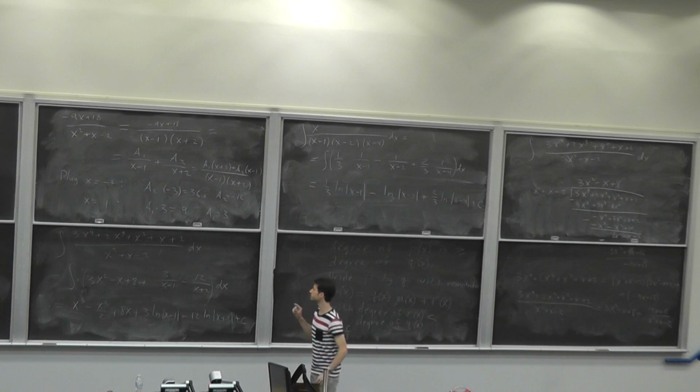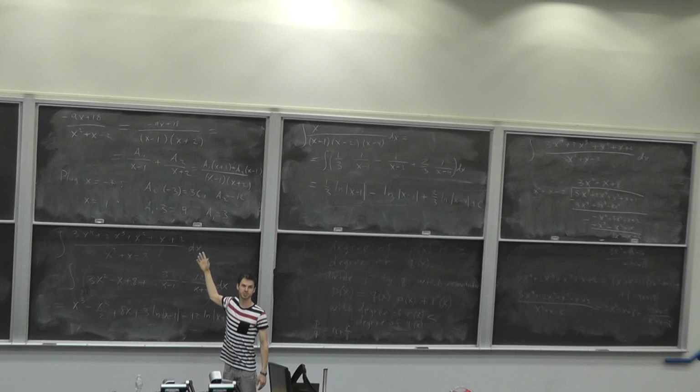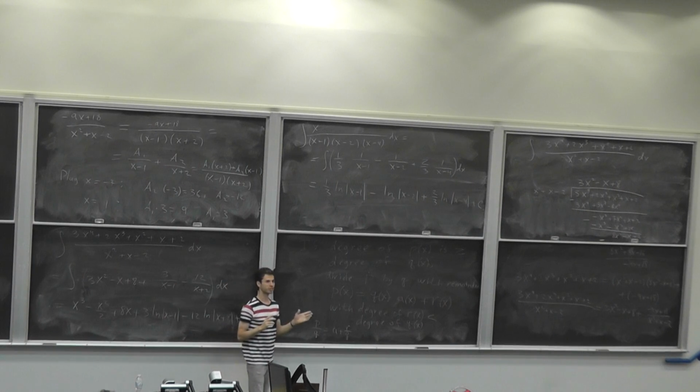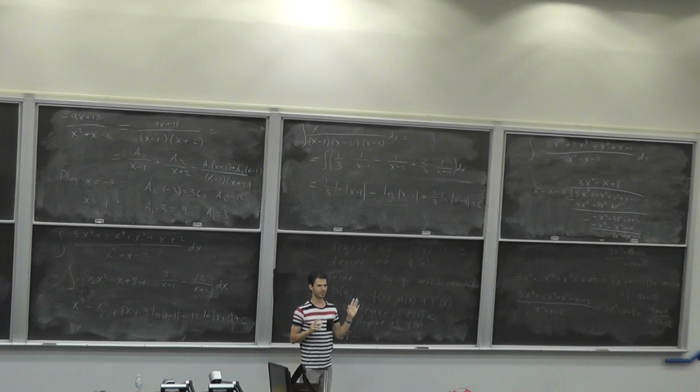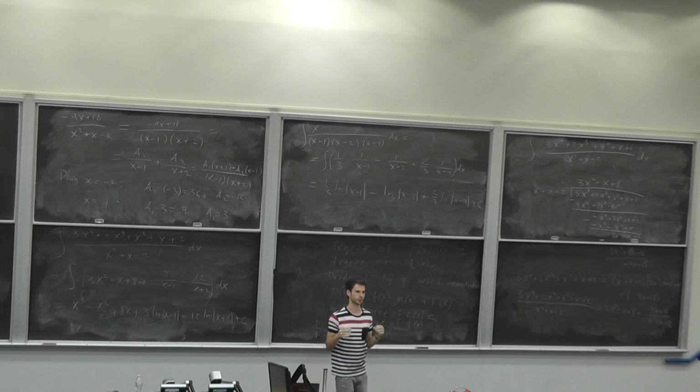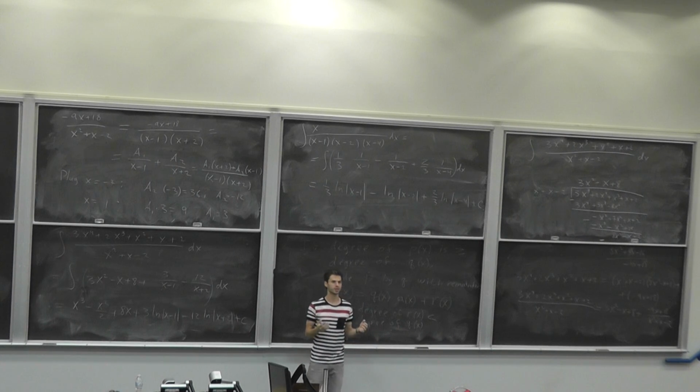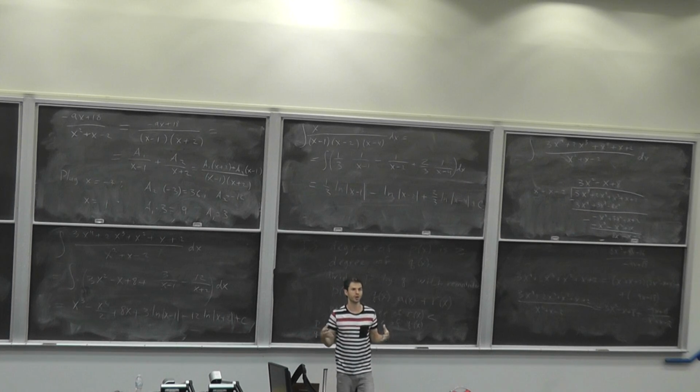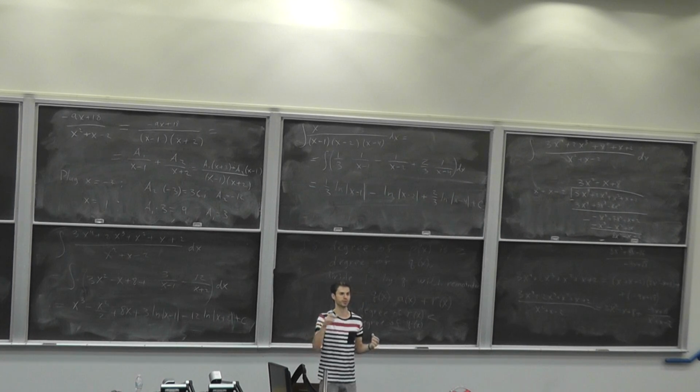Just one small comment. Sometimes it happens that the polynomial of the denominator either has multiple factors like x minus 1 squared or x minus 1 cubed. It doesn't happen frequently, but it happens. Or it is something which cannot be factored, at least in real numbers, something like x squared plus 1. It's not x minus something.